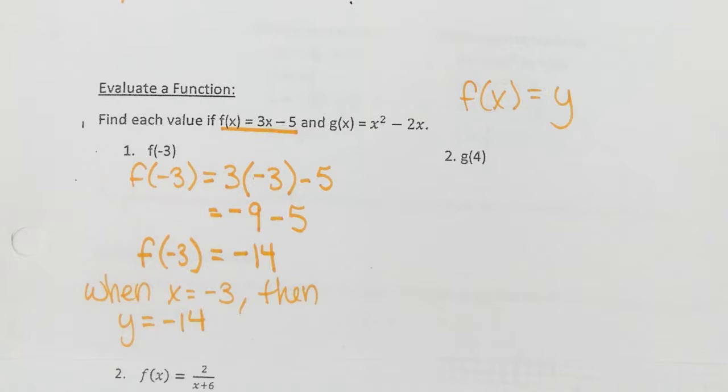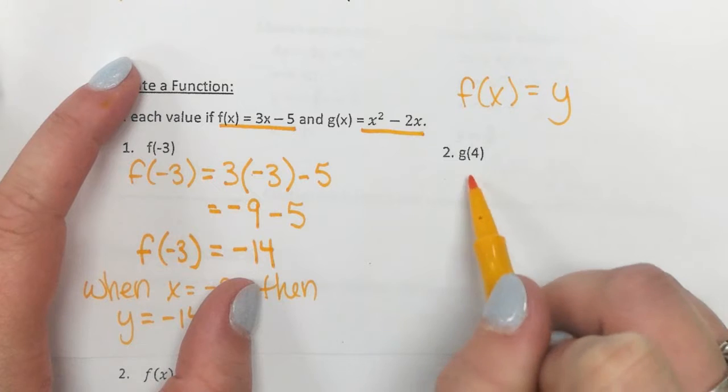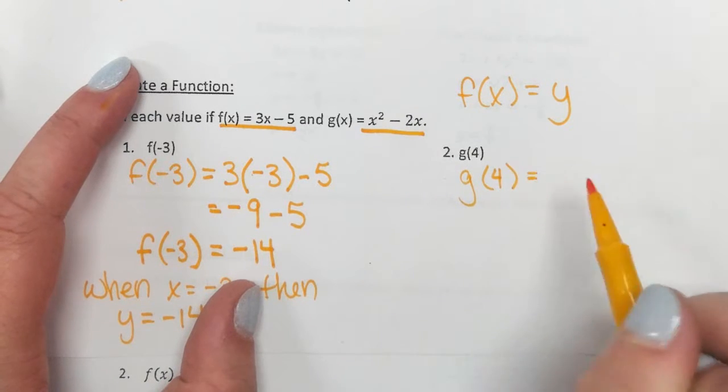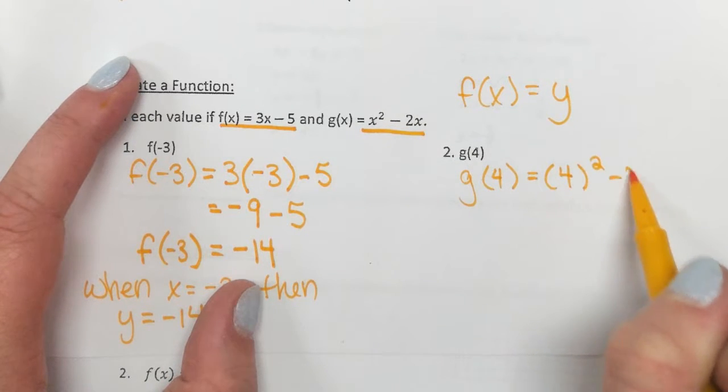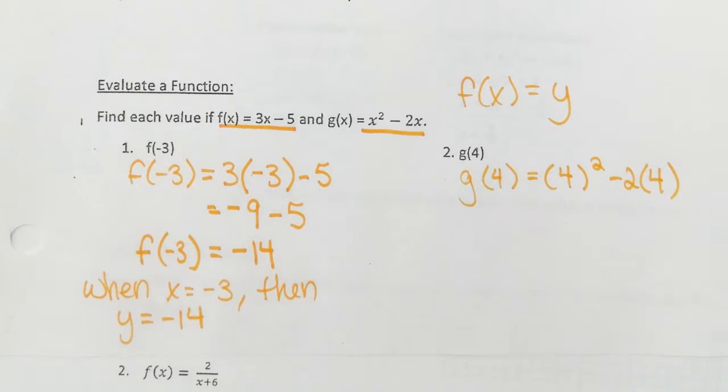All right, number 2. What number are we going to plug in? 4. Where are we going to plug it in at? To G. There you go. Oh my gosh, I am squaring something, and when I square something, what do I have to use? Parentheses, until you learn the difference of when you can use them and when not to use them. Just always use them. Okay? All right, here we go.